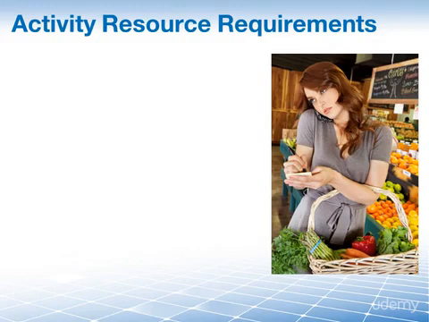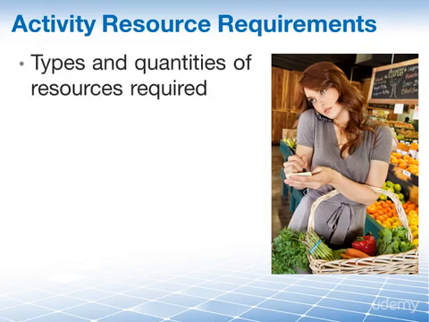You may recall from the project time management lessons that the activity resource requirements are an output of the estimate activity resources process. The PMBOK guide defines activity resource requirements as the types and quantities of resources that are required for each activity in a work package.